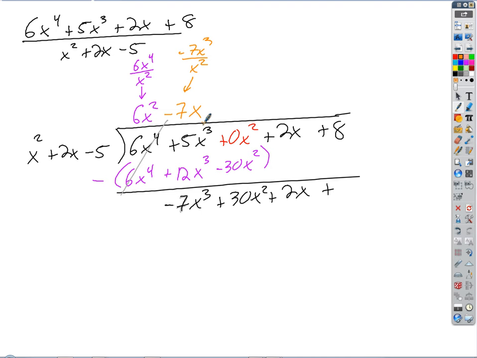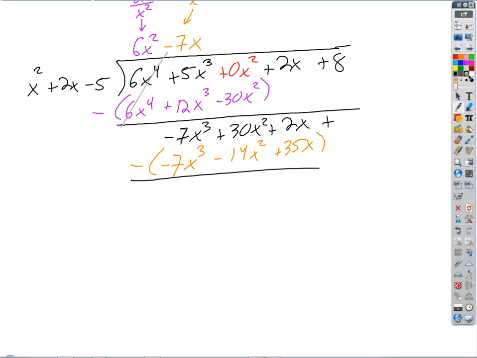So now we're going to distribute that through, right? So negative 7x times x squared, negative 7x times 2x, negative 14x squared, right? Negative 7x times negative 5. Okay, and I'm going to subtract that whole thing away.